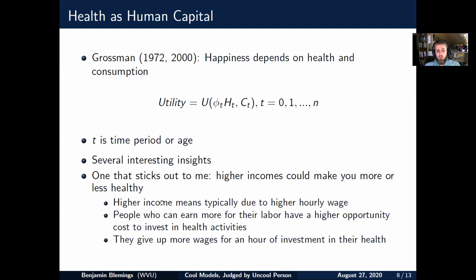So higher income typically means you have a higher hourly wage, so you can use those wages to buy more health related goods, but you also give up more wages to invest an hour of time in your health. So because it's worth it to work, you don't spend as much time exercising, basically, something like that.